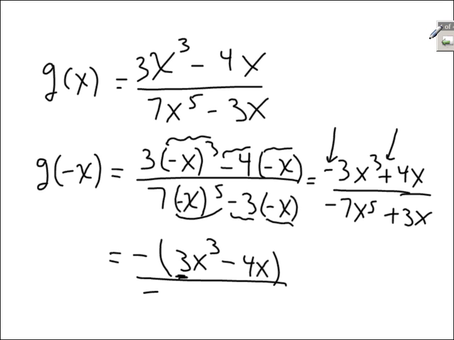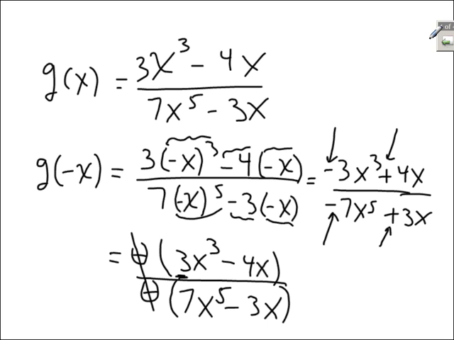When you factor out a negative from the bottom, each of these signs changes. That is what I put inside the brackets. Instead of negative 7x to the 5th, I write positive 7x to the 5th, and I don't even have to write the positive sign. Plus 3x becomes minus 3x.